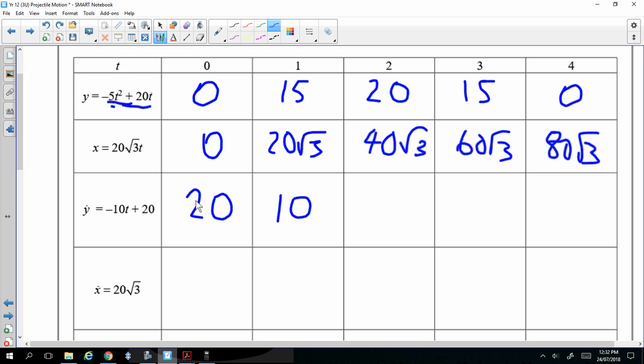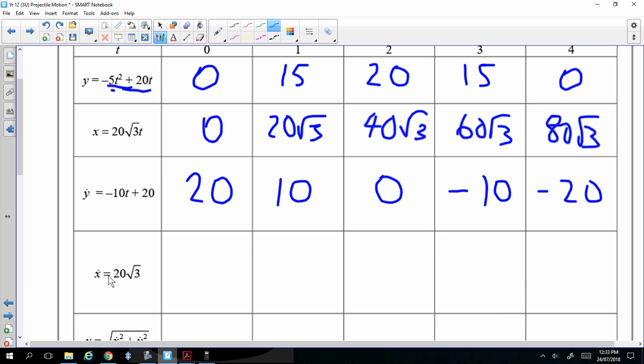On the other hand, x dot is constant, so every second the speed is the same. No change, because x double dot is 0. No acceleration, so no rate of change for velocity.